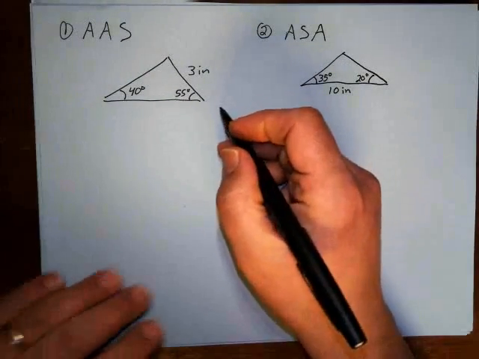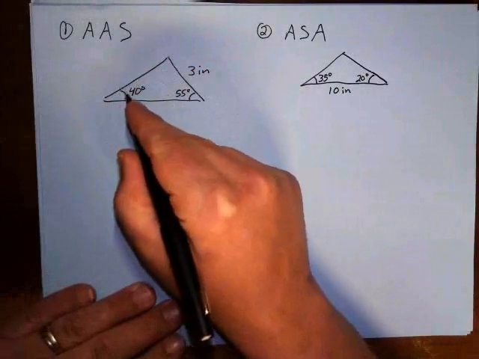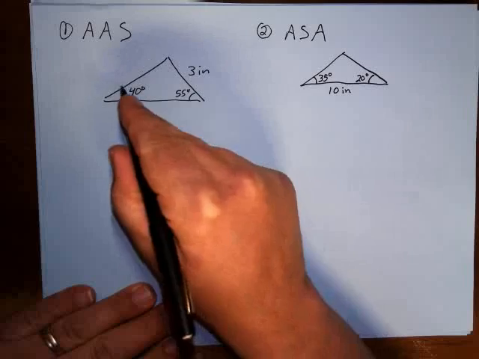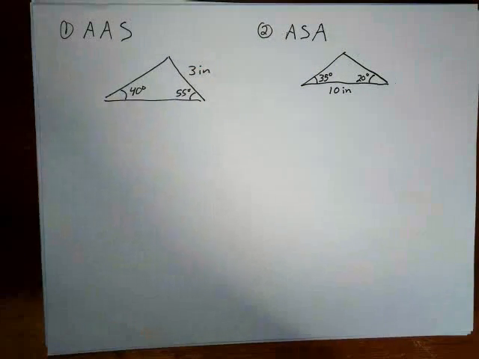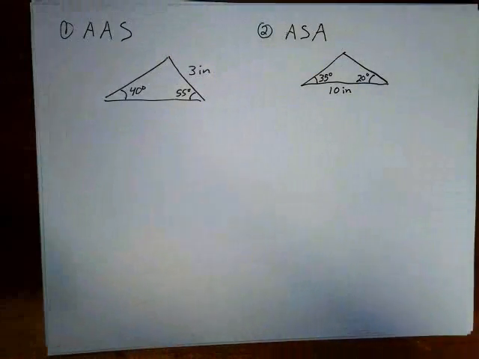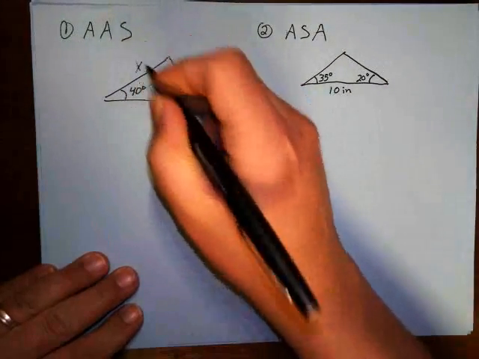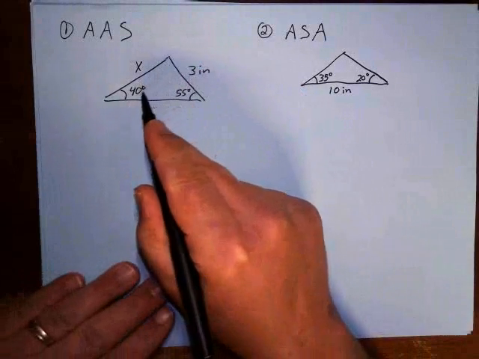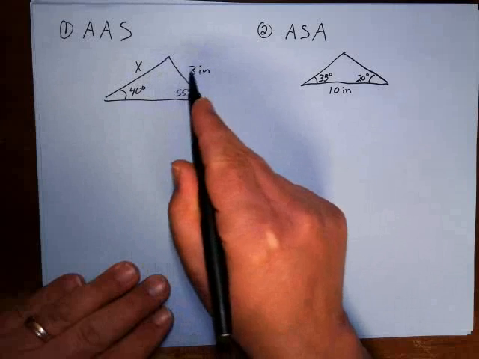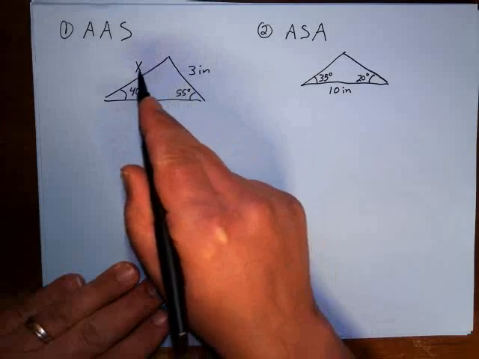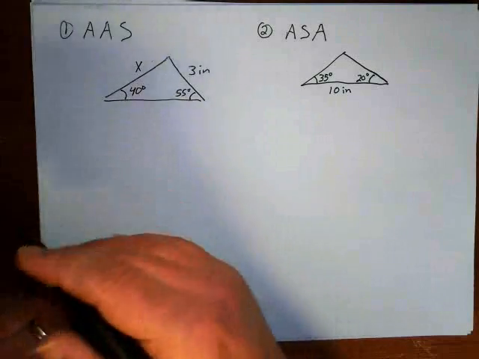So here's the idea: with the AAS, I have an angle and the opposite side. When I'm using this, I'm not even thinking about A and B; let's say this here is X. What I'm thinking in my mind is that the sine of this is to 3 as the sine of this is to X, and that sets up a proportion. You can flip it either way.